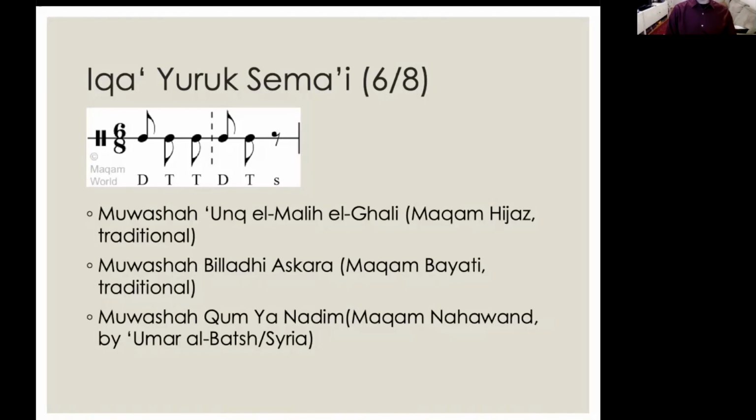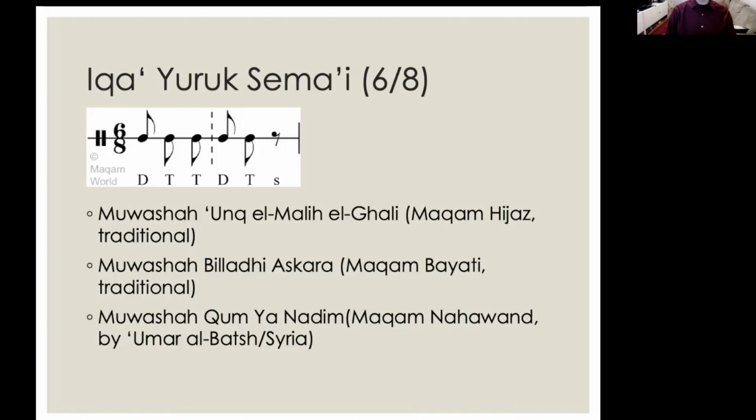This can be thought of as a 3/4 rhythm, but it's a 6/8. 6/8 is a better representation of it, but it can morph into a 3/4 Samai Darij if it gets a little bit faster.